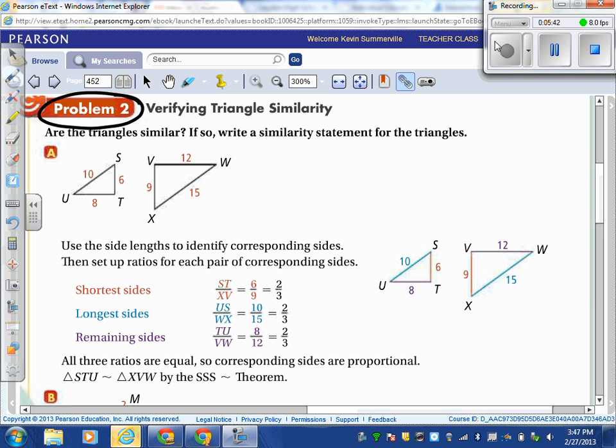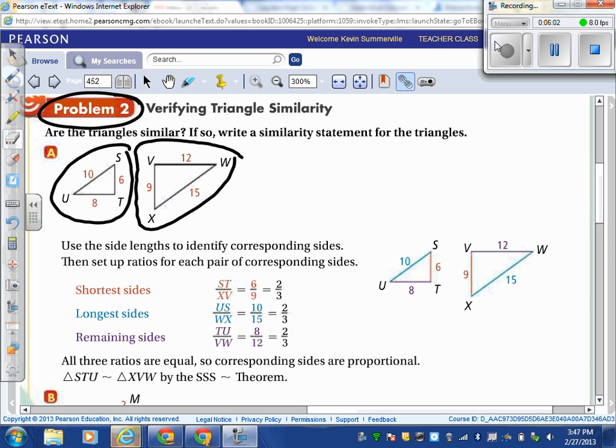Problem 2, they're trying to show you whether this triangle is similar to that triangle. As we talked about earlier, even in the last section, if we knew what sides are equal to each other, you can set them up in a proportion.